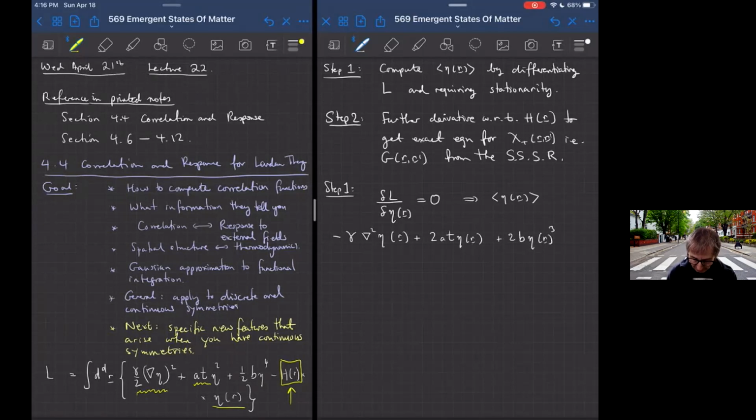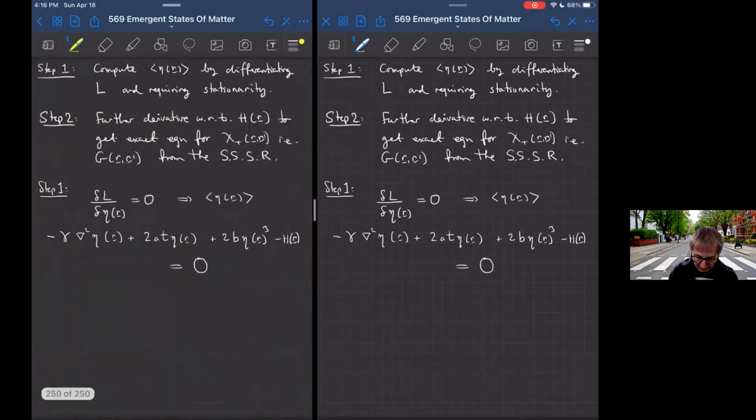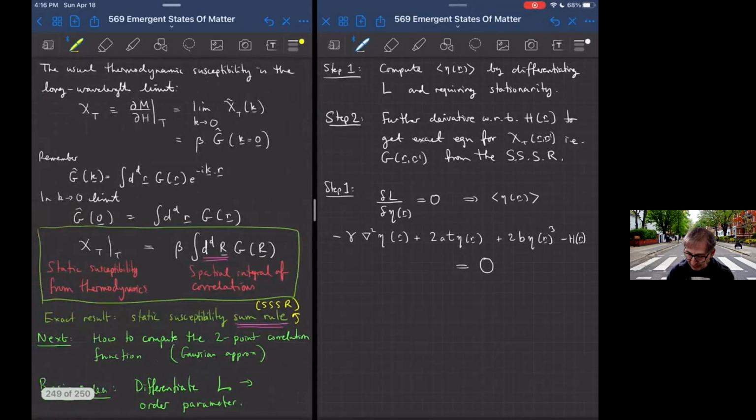And then h of r eta of r, when I differentiate with respect to eta, just gives me the factor h of r. This is the thing that is dL by d eta, and so this thing has to be 0. That's what defines the mean value. Okay, so what we found is that the mean value eta satisfies this differential equation, and let me just note in parentheses that this equation is similar to the Ginzburg-Landau equation.